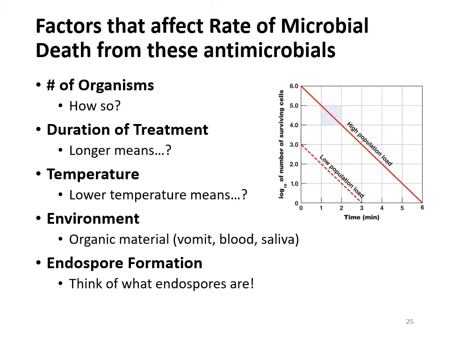It's going to make your job a lot harder, isn't it? Okay, so endospore formation will decrease the rate of microbial death. It will make it harder for you to kill the bacterial infection if they are capable of making endospores. Okay, so again, for any of these factors, you have to ask yourself, will it make it easier or harder for me to kill the microbe?